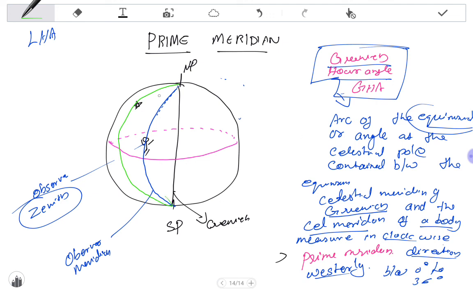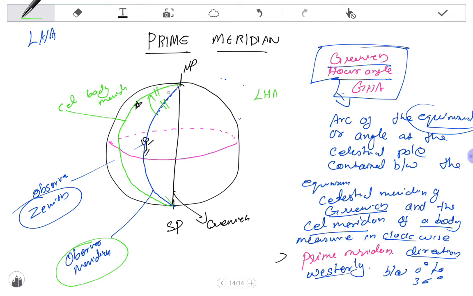So the angle between these two meridians, the observer's meridian and the celestial body's meridian, measured in a clockwise direction starting from the observer's meridian, is called LHA.